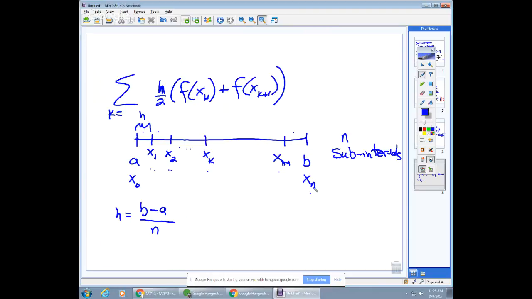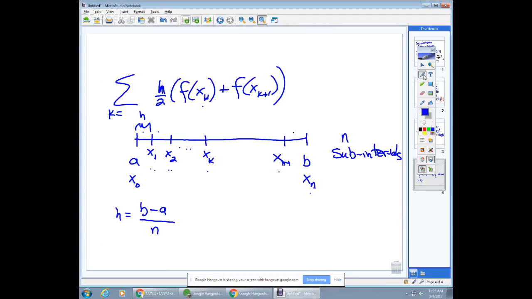No. If I let k go from 1 to n, then this would be 1, 2, and at the end it would be n and n plus 1, which takes me outside of my interval. So I usually don't like to start k at 0. I'm going to change these subscripts here. I need two numbers next to each other like k and k plus 1, but I need to back up a step if I want to end this at n.